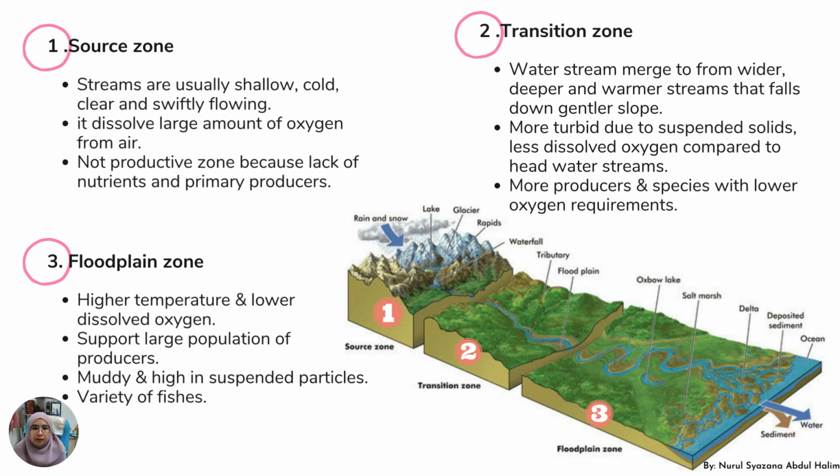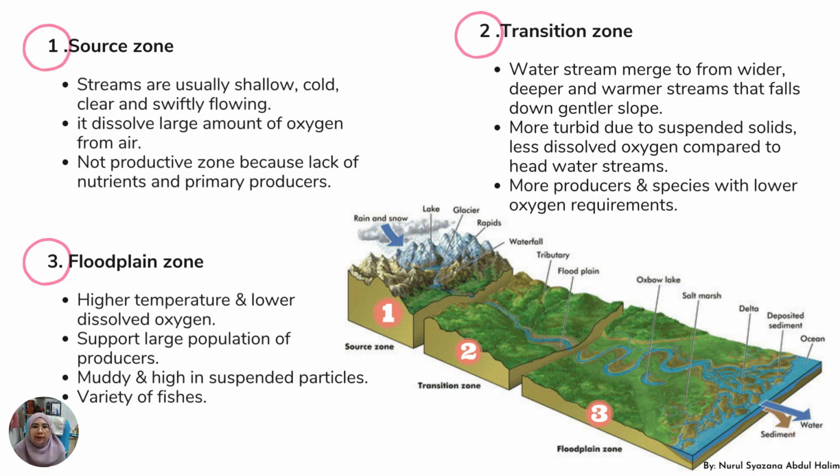The source zone is usually shallow, cold, clear, and swiftly flowing. It dissolves a large amount of oxygen from air, but it is not productive due to the lack of nutrients and plants. In the transition zone, water streams merge to form a wider, deeper, and warmer stream that flows down a gentler slope.